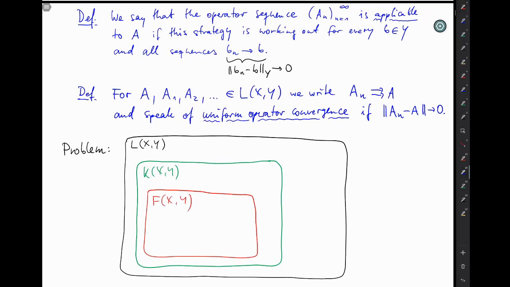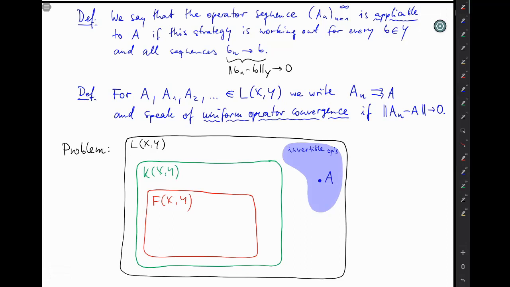And we learned that compact operators cannot be invertible, so the set of all invertible operators must be somewhere outside the compact ones, so that the operator A we are trying to approximate is somewhere here.